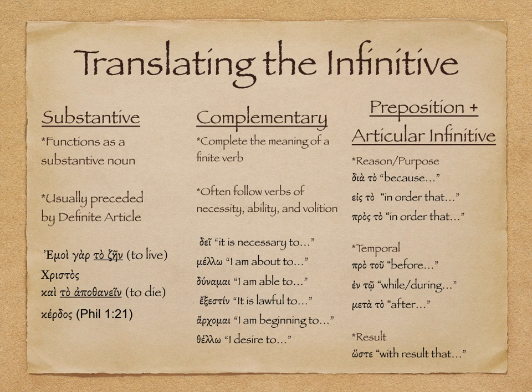The infinitive often codes time, and when we have pro tou, we translate the infinitive with a keyword before. En to, and always with the dative, while or during. And meta to is a subsequent idea, after. And then the result, hoste.